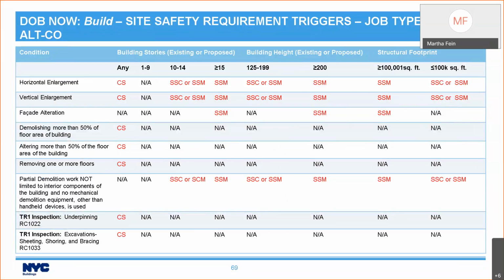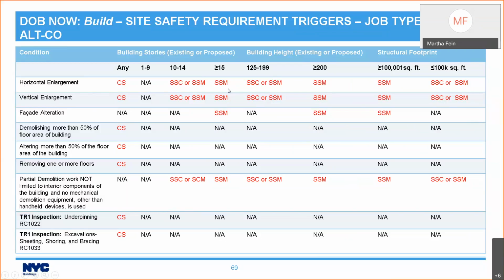I'm not going to go through every line of this chart. I'm just going to explain how you can use it. If you download the PowerPoint, you can get a copy of this chart. So what you do with this is you read across. If you are doing horizontal enlargement, the basic requirement is for a construction superintendent as your site safety person. But depending on the number of stories, the building height, or the structural footprint, you may need a site safety coordinator or a site safety manager.